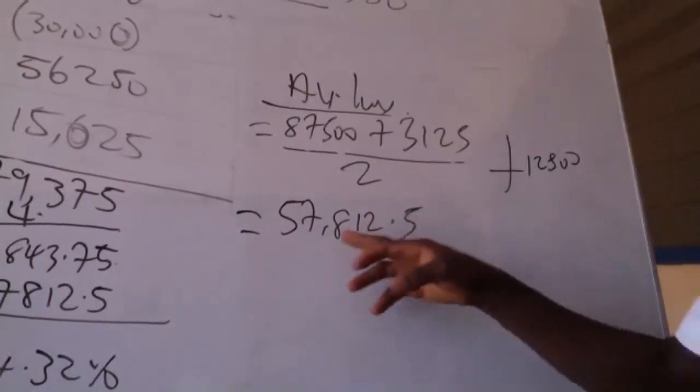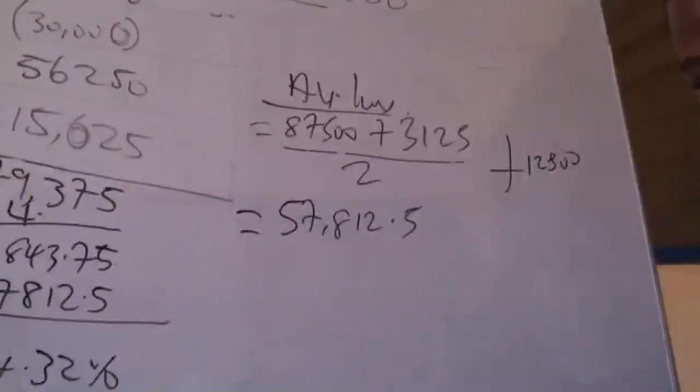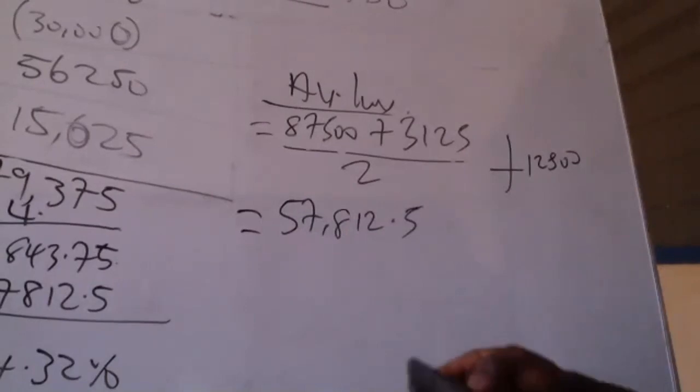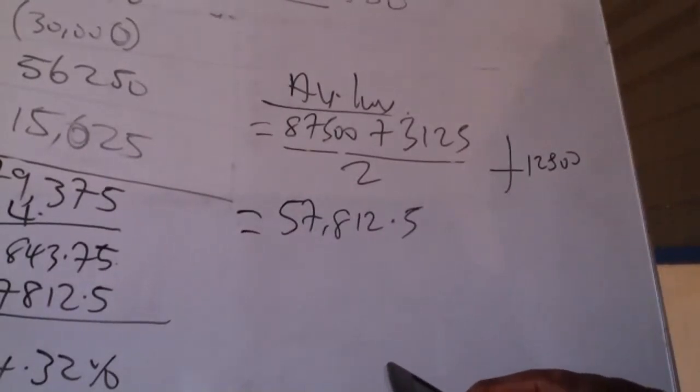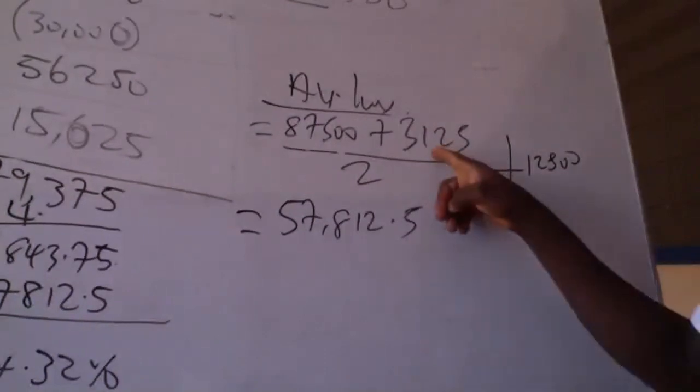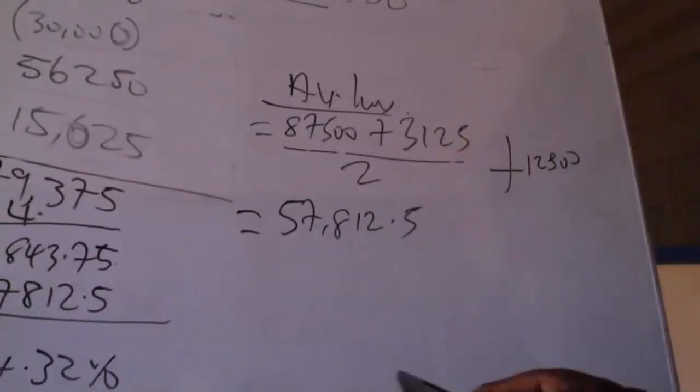So this is how we had 57. So if you kindly check again, let me see. 87,500 plus 3125. Yes, it's equal to 90,625. Good. I hope the scrap value is correct too. I've not picked any wrong figure. Divided by 2. Okay, so that is it.